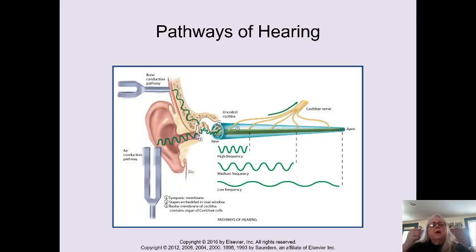And you can hear something without hearing a tone to it. It's very interesting and something that's important for you to know. So people who have a cochlear implant are actually hearing vibration and not a sound per se.